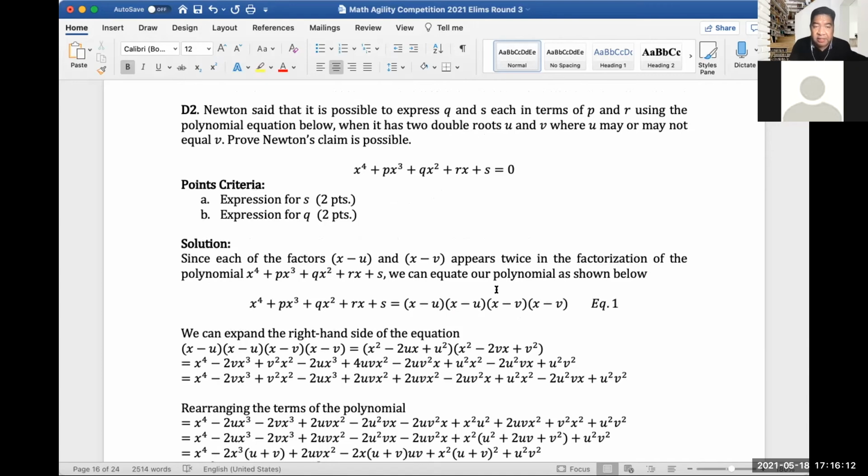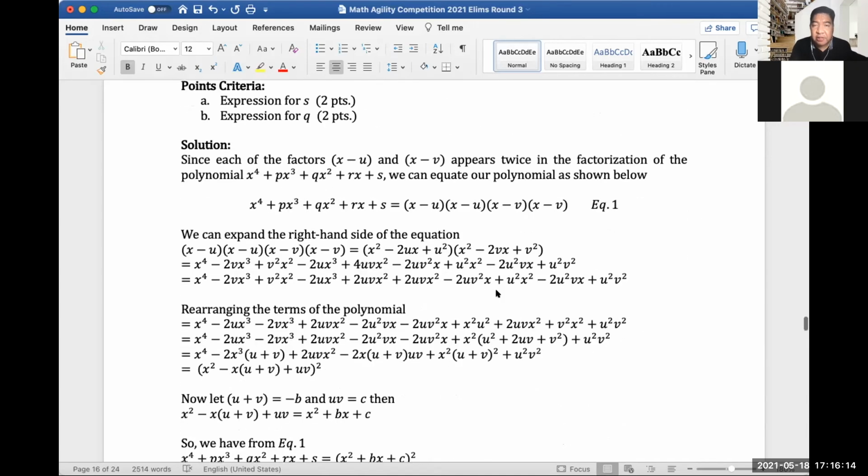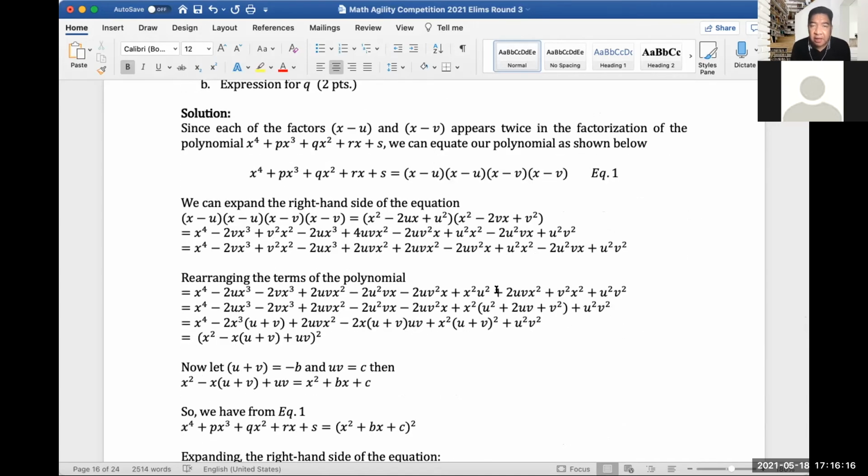And then we can expand the right-hand side of the equation. So if you expand this, we're going to get this expression here.